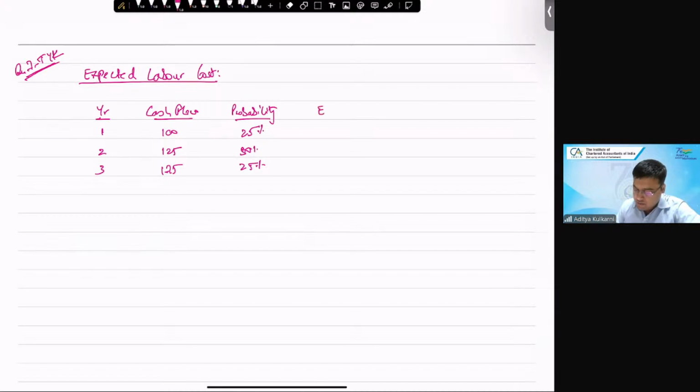So therefore, expected cash flow: 25, 62.5, and 175 into 0.25 is 43.75, which gives 131.25. Is it okay? Oh, this is not year-wise, sorry.